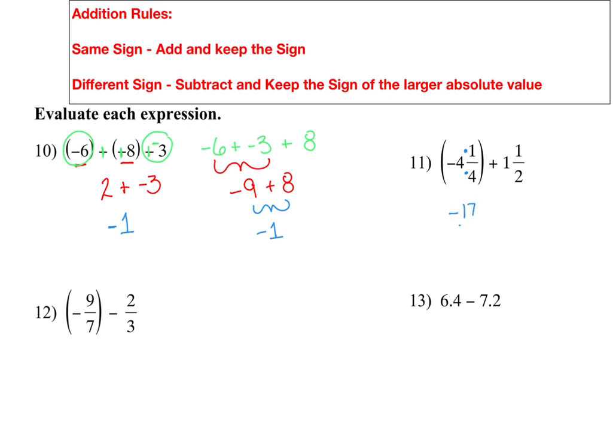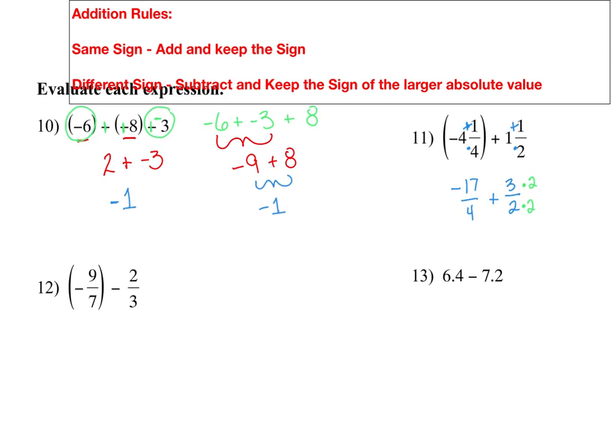That's -17/4. Improper fraction, 2 times 1 is 2, plus 1 is 3. So that's going to be 3/2. And I need a common denominator. Between 4 and 2, what's my least common multiple, my common denominator? It's going to be just 4, right? So I can multiply top and bottom by 2 here.